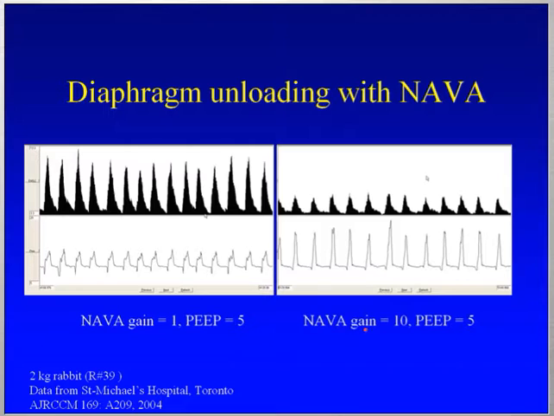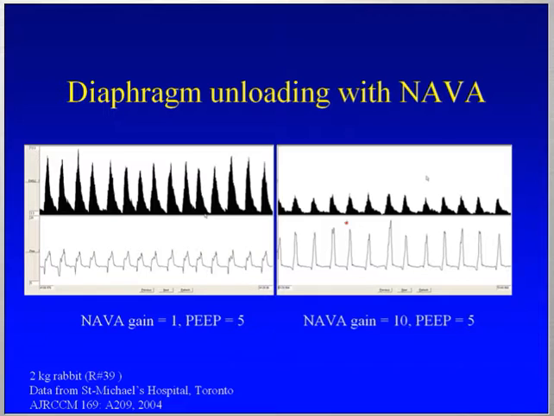When you increase the NAVA gain tenfold, these are the results. You get a reduction in the respiratory drive by about 2/3, and you can see here the assist that was provided. The reason why you don't see a tenfold increase in the assist, which we could imagine would be 10 times as high, is that the response of the animal to the increase in the assist was to deactivate, and therefore you get a proportional increase in the assist with a proportional deactivation of the diaphragm.